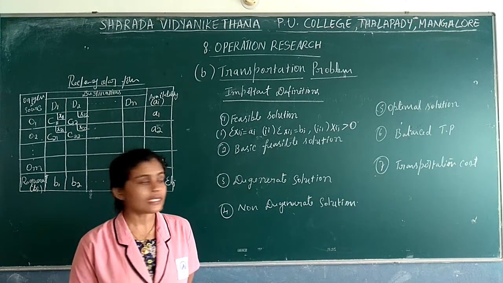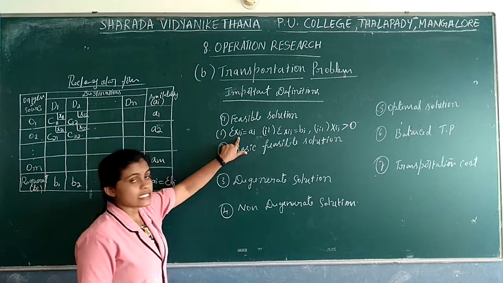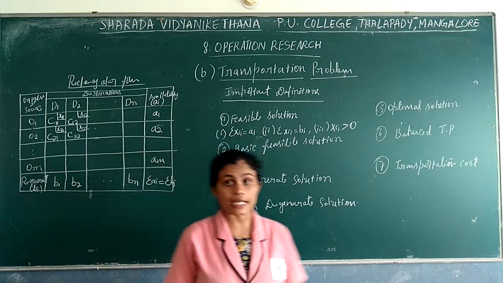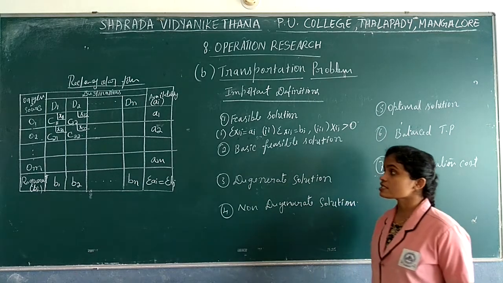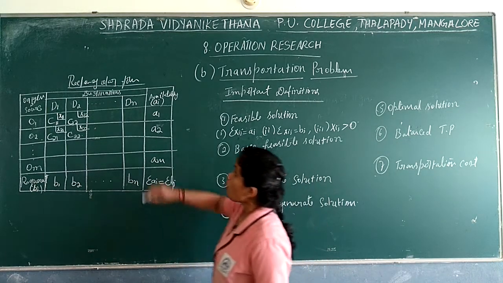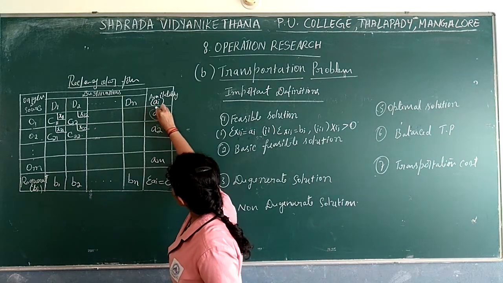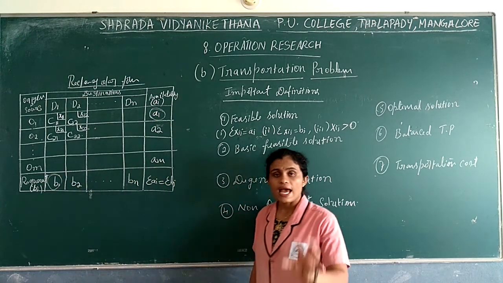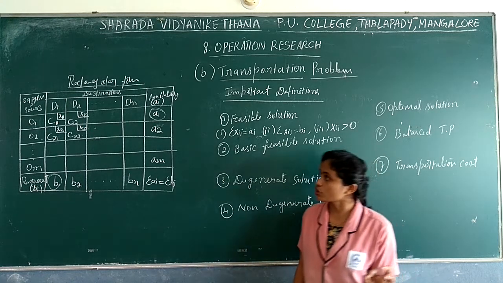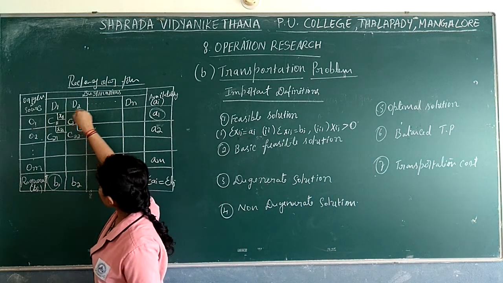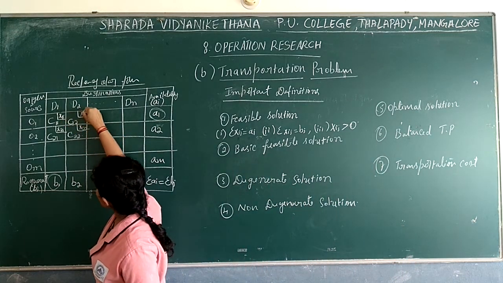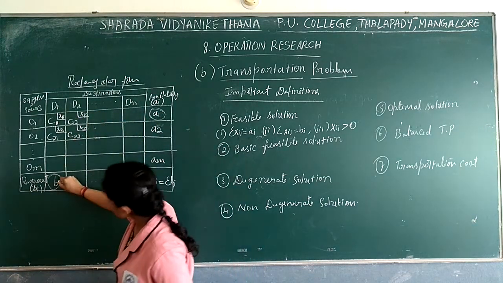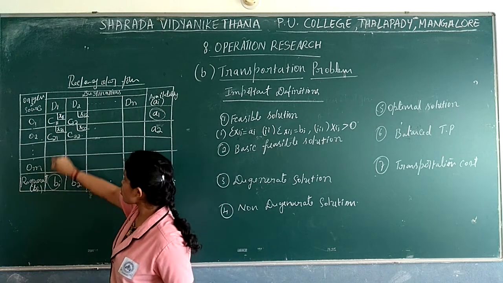So there are three conditions. The first one, sigma xij is equal to ai. That means whatever availability or requirement there is, at the end, after getting the solution, what we allocated, this total should match this row, and also column-wise it should match.